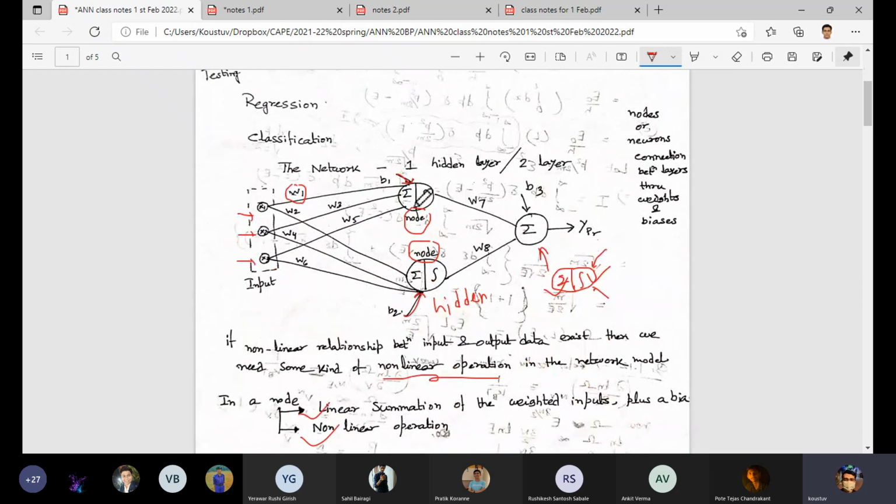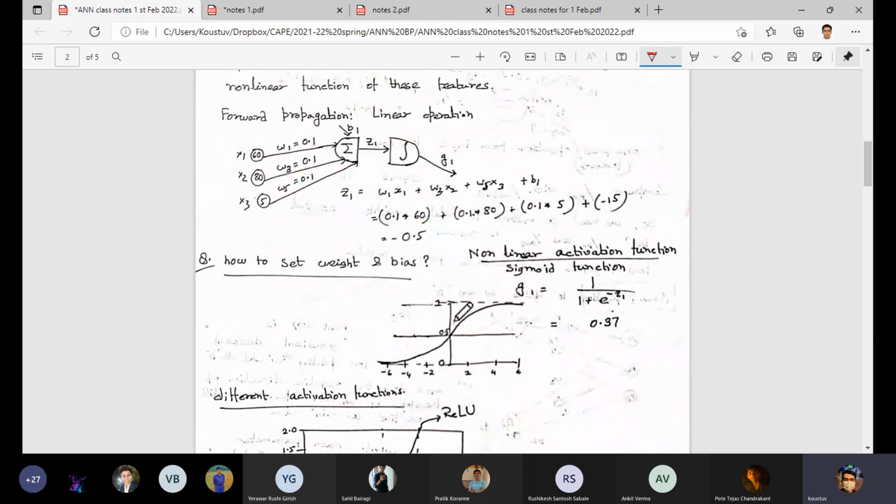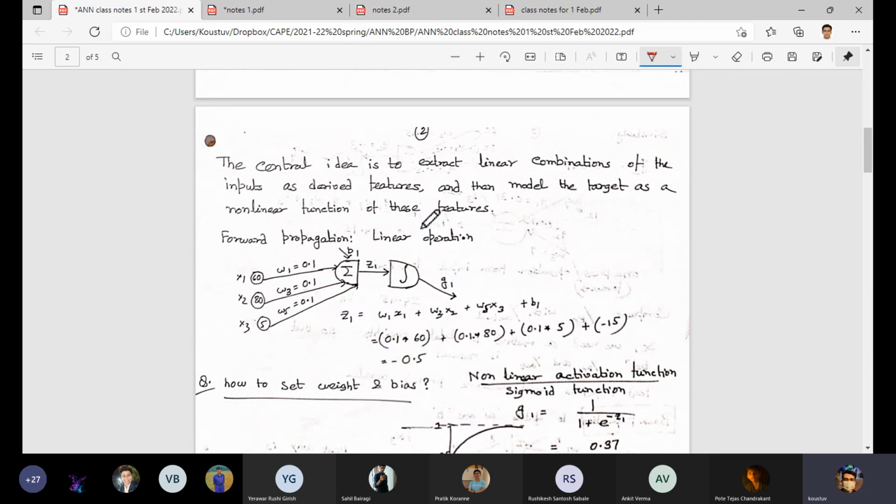At the point when it enters here and the summation operation is done, another version of the data is reflected, right? We call this a derived feature, and then we model the target as a nonlinear function of this feature.